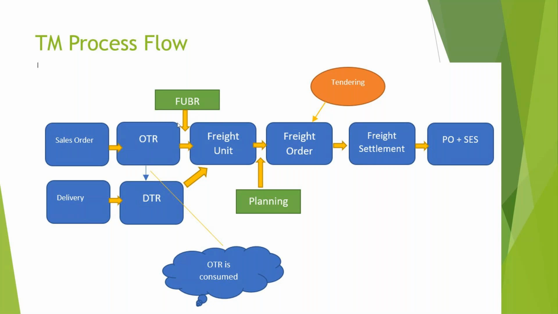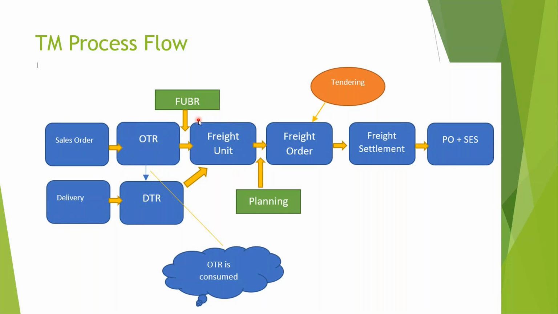But in an S/4HANA 1809 system or a 1909 system, this OTR is now obsolete, because it is only used when integrating with an external system. The 1809 system is integrated with transportation management along with the other modules, so the freight unit gets created directly.